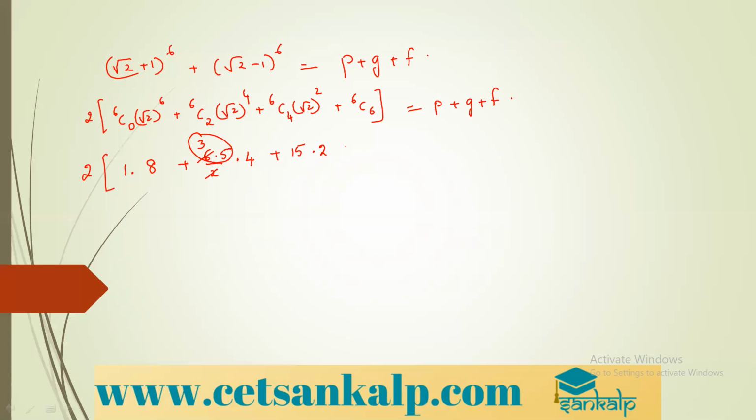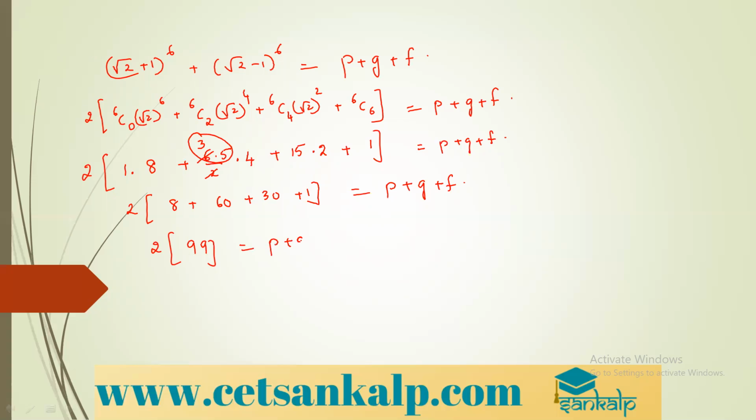Root 2 square is 2. 6C6 is 1 again, equal to P plus G plus F. So we have 2 into (8 plus 60 plus 30 plus 1) equal to P plus G plus F. That is 2 into 99 equal to P plus G plus F. So P plus G plus F is 198.